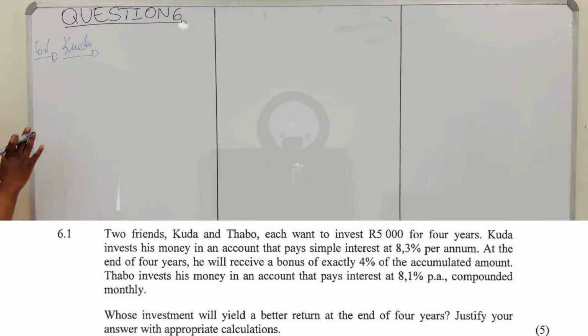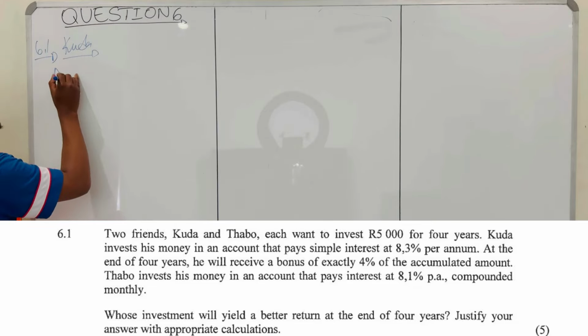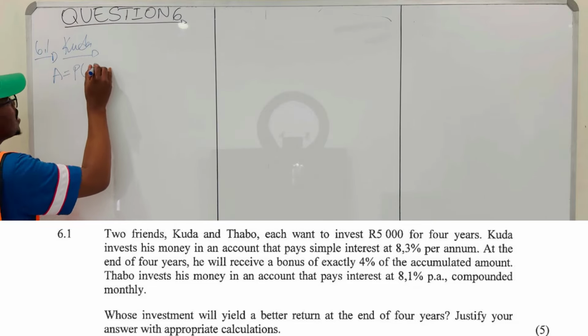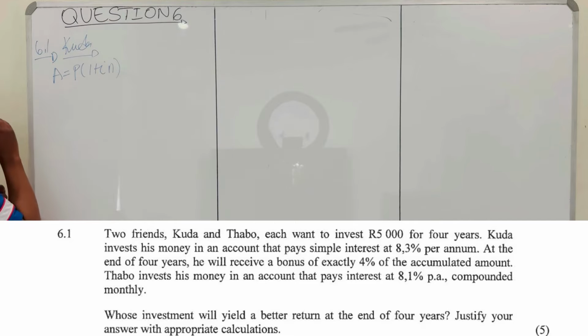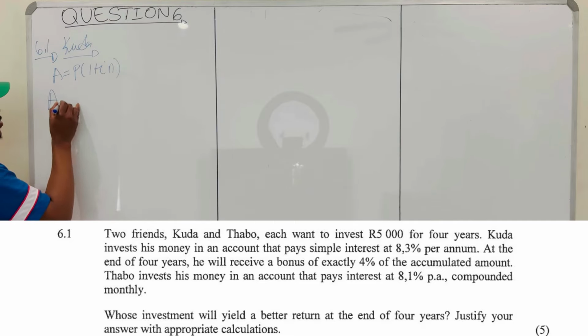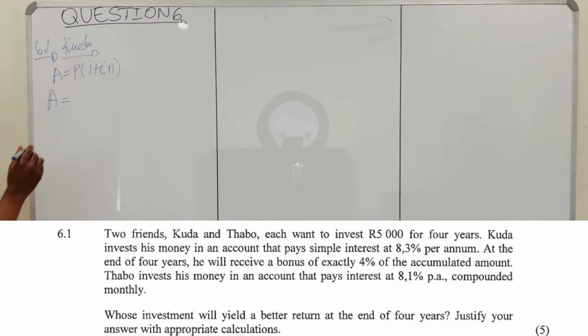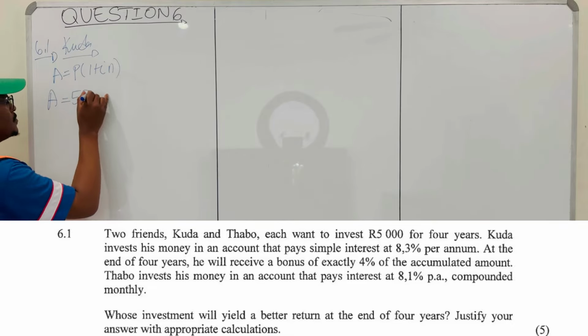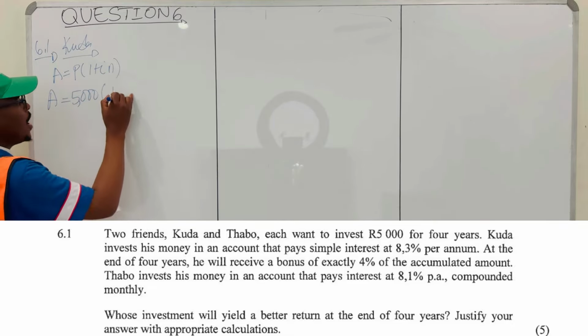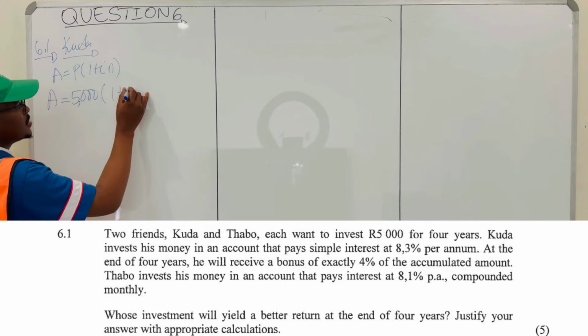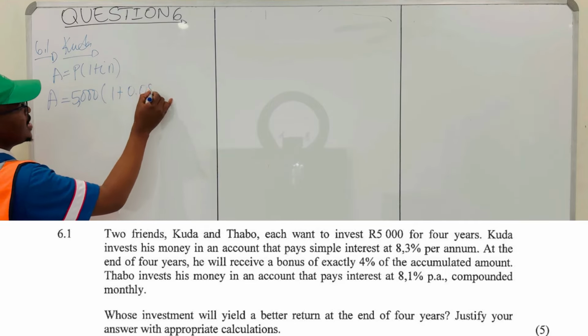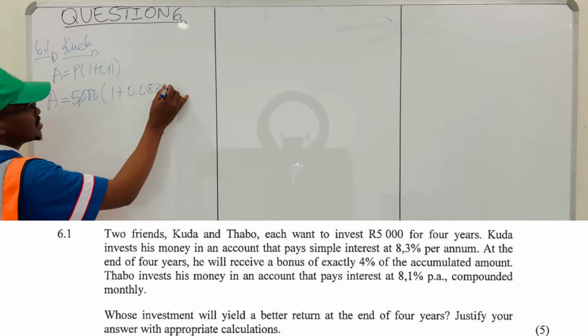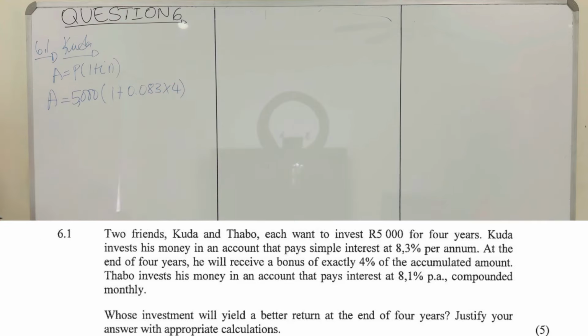So he invests his money on simple interest, which is A equals P into 1 plus in. Are you with me? So the accumulated amount is equal to the principal amount, which is the amount that he's investing, which is 5,000. Do you agree? Into 1 plus 0.083 times the number of years, which is 4 years.